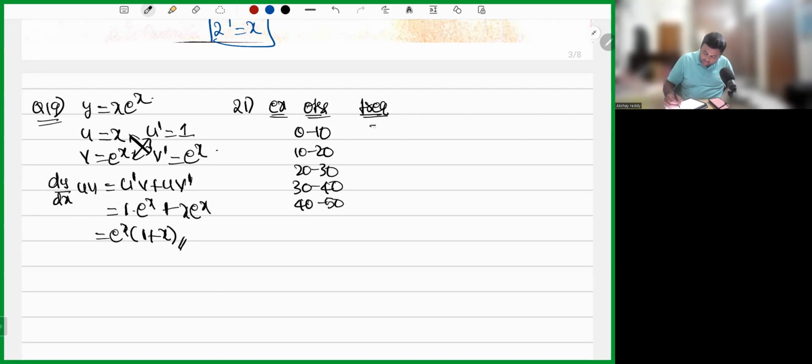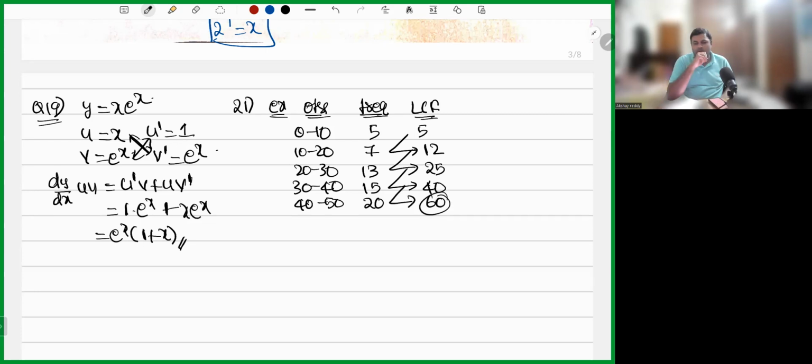Frequency is given as 5, 7, 13, 15, 20. What will be LCF, my dear friends? 5, 5 plus 7 is 12, 12 plus 13 is 25, 25 plus 15 is 40, 40 plus 20 is 60. Even if GCF also we add, we'll get the total somewhere around 60 here.